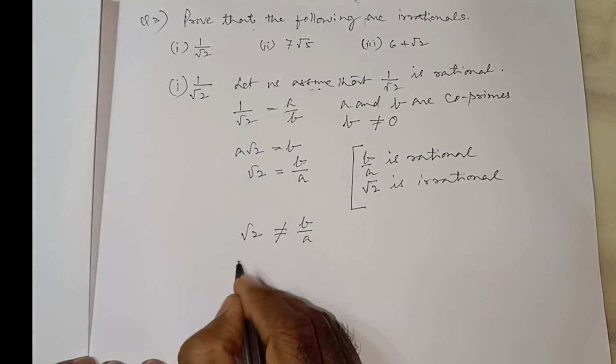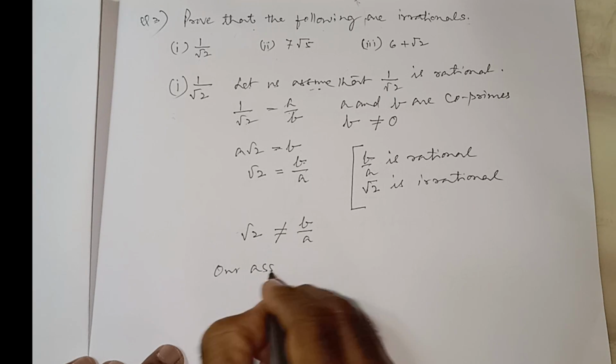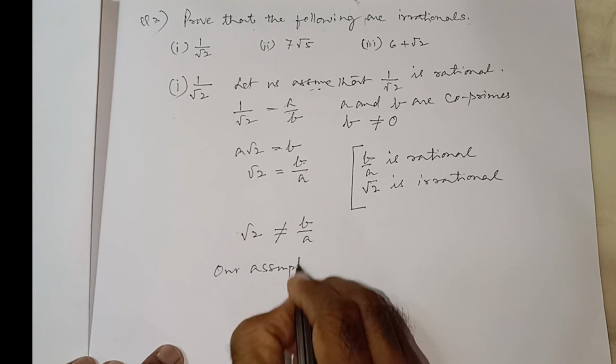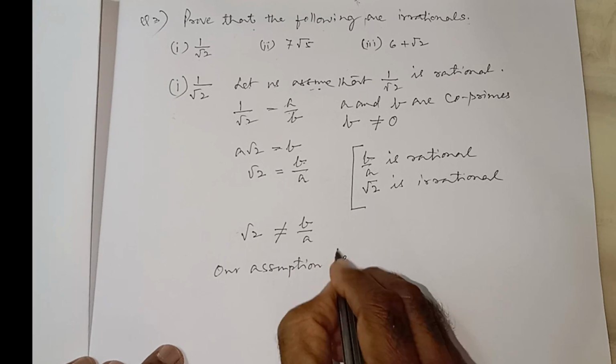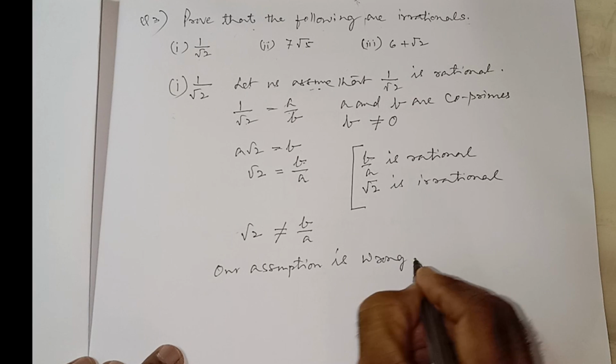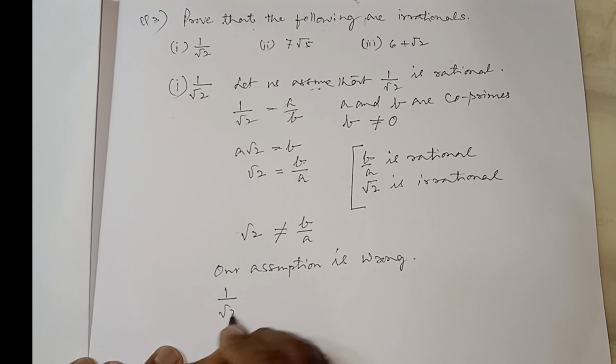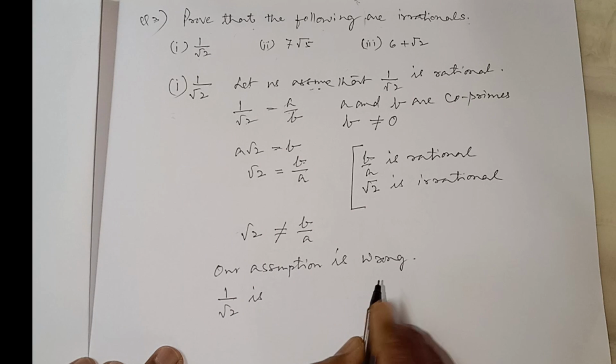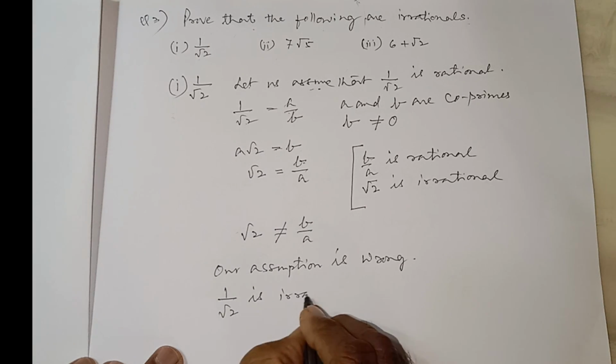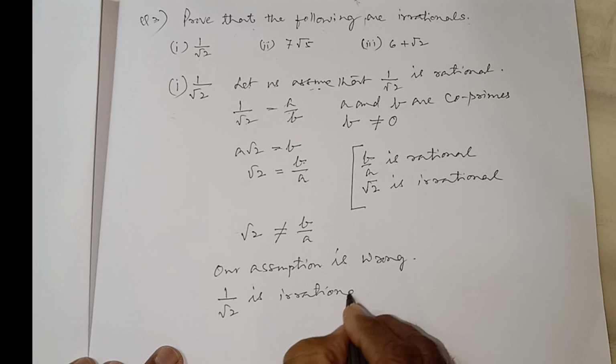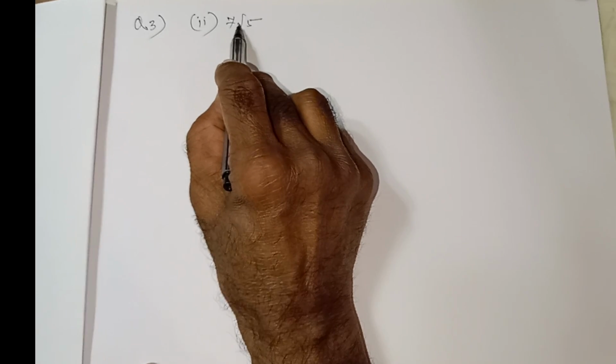So, we write down that our assumption is wrong, meaning that 1 by root 2 is not rational, it is irrational. That is our answer.